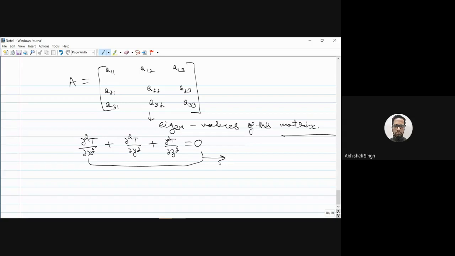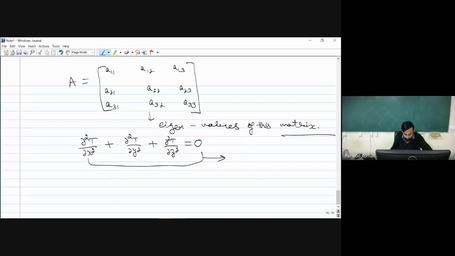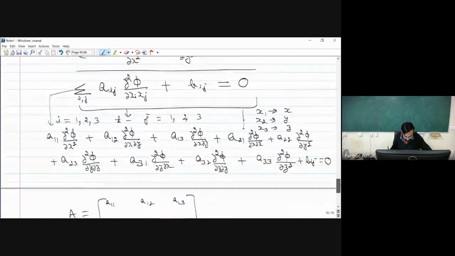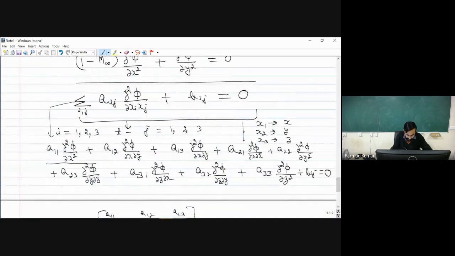So basically what you have to do is write this equation in the general form that I have told you over here. This is a three-dimensional equation, so you have only the terms involving del square phi by del x square, del square phi by del y square, and del square phi by del z square.